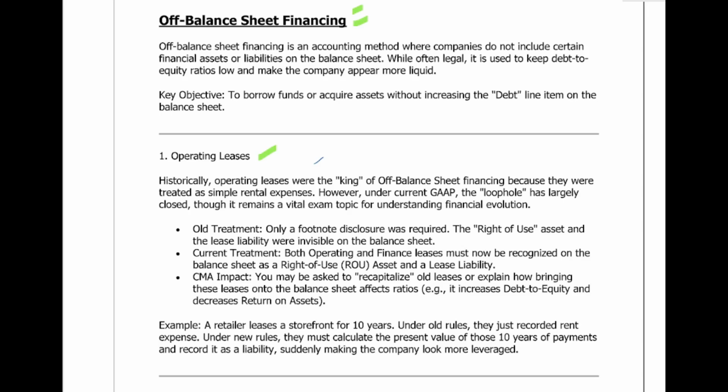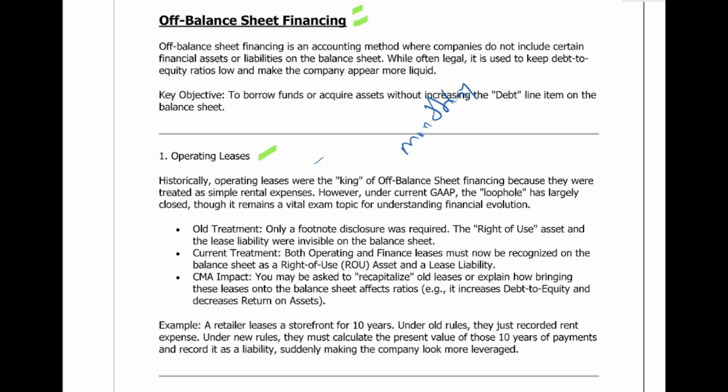Once we purchase that asset, the related asset and liability will be reported in the financial statements. As the old treatment, once the asset is received, we record the monthly rental expense in the income statement.